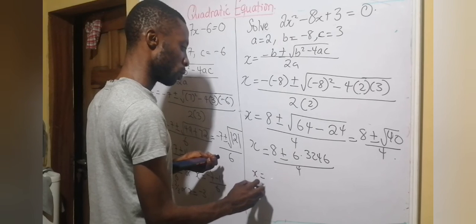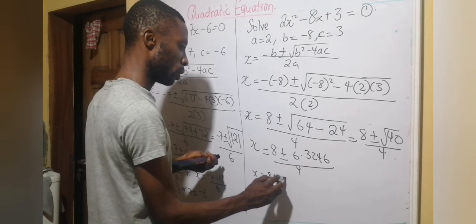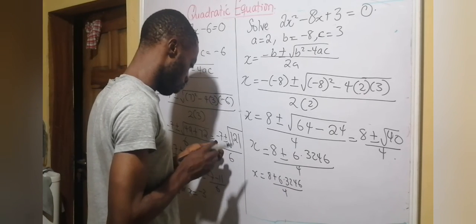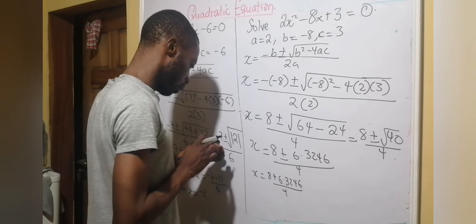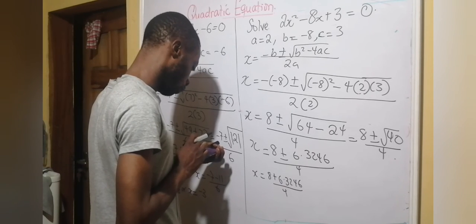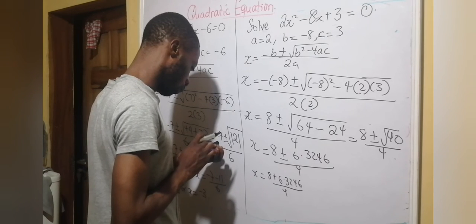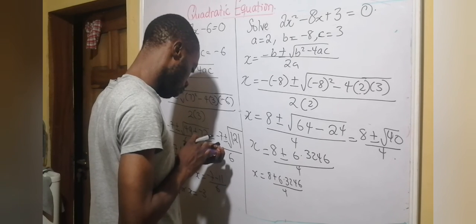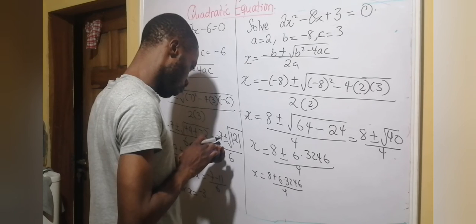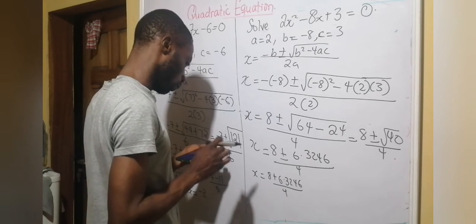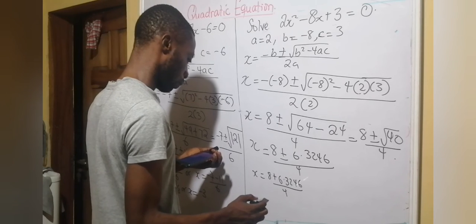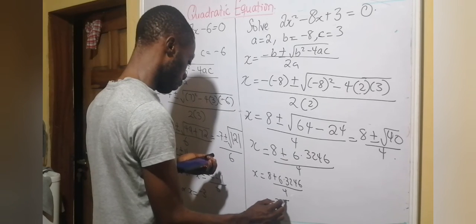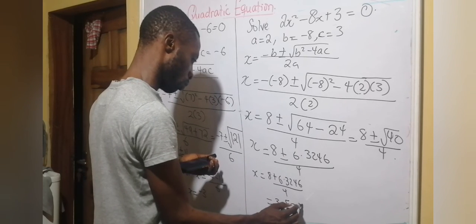So x is equal to 8 plus 6.3246 over 4. So that's 3.5812.